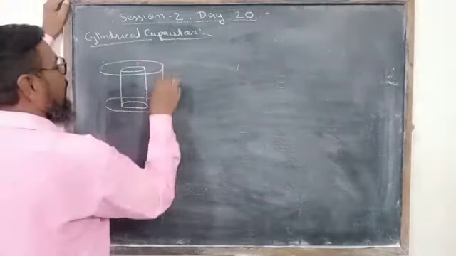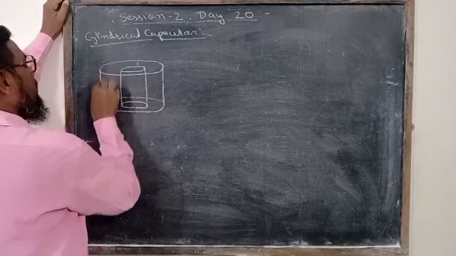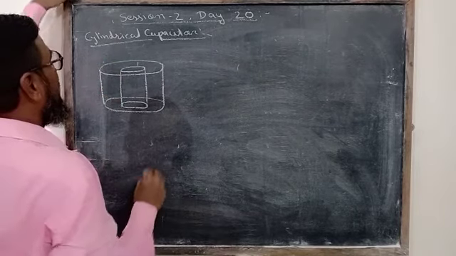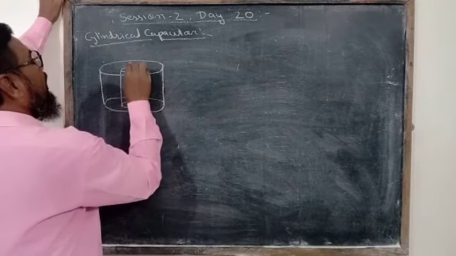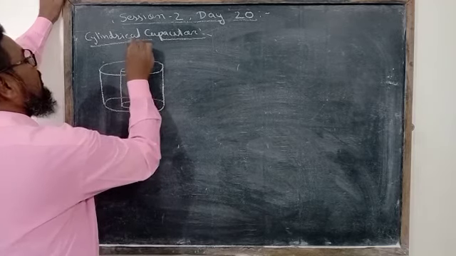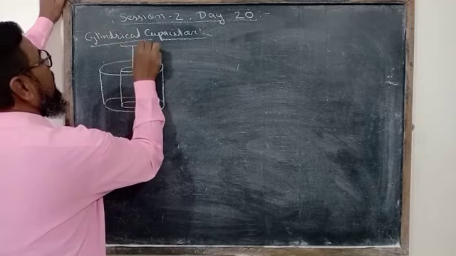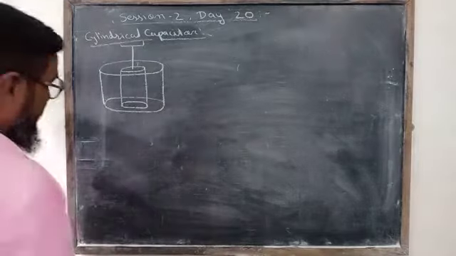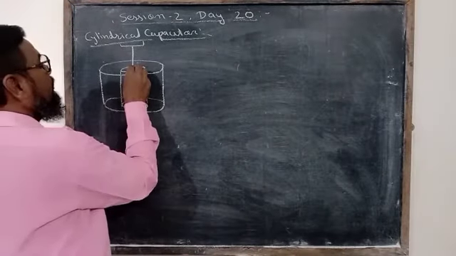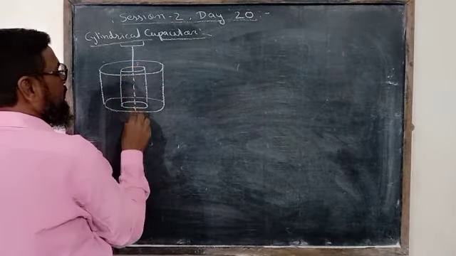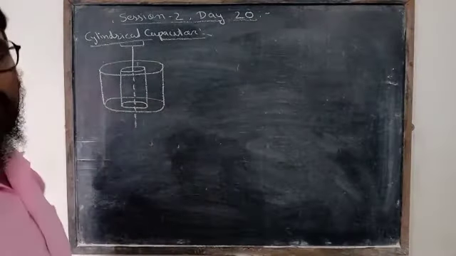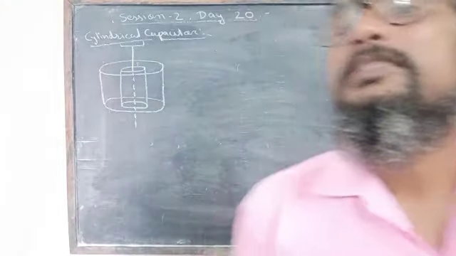So two coaxial cylinders are provided to us, and the inner cylinder is connected to a metal plate, and this is the axis which is common to the inner and outer cylinders.